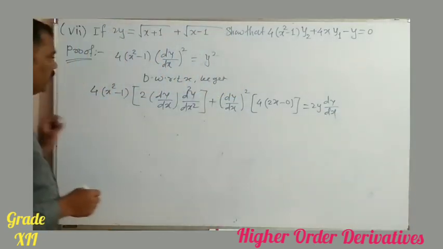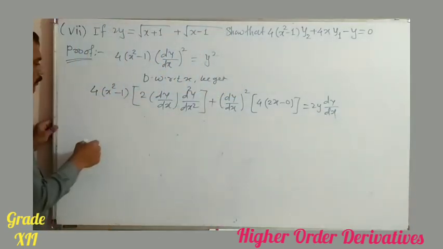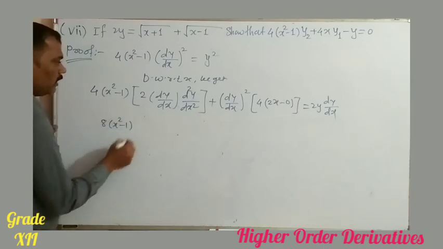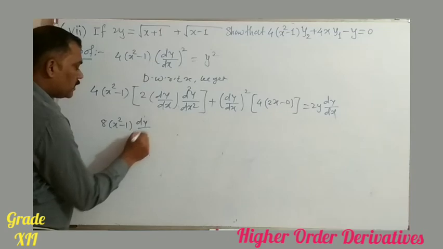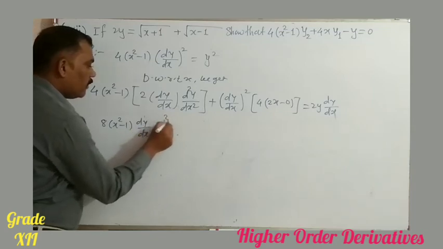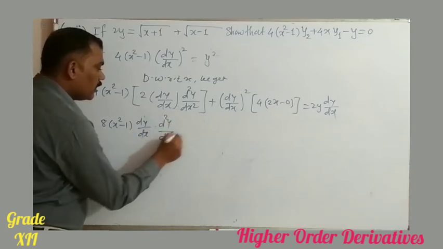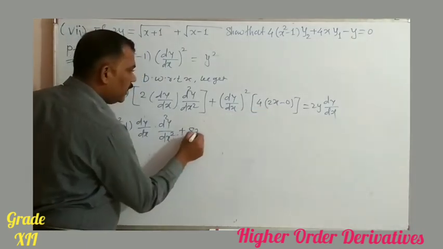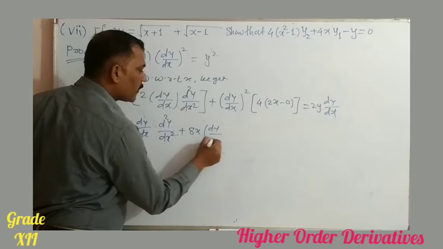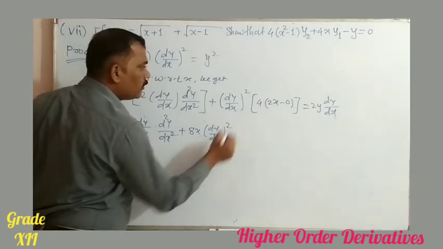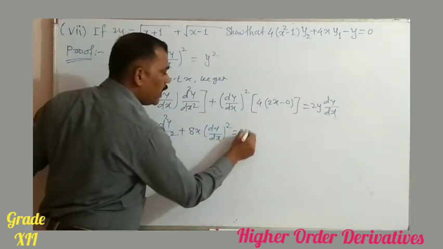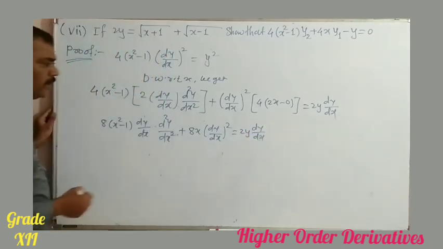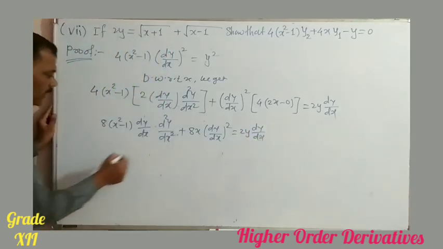If we multiply by the 4, we get 8 into x square minus 1 into dy by dx into d2y by dx square plus 4 into 2 is 8x into dy by dx bracket square is equal to 2y dy by dx. We divide both sides by 2 into dy by dx.